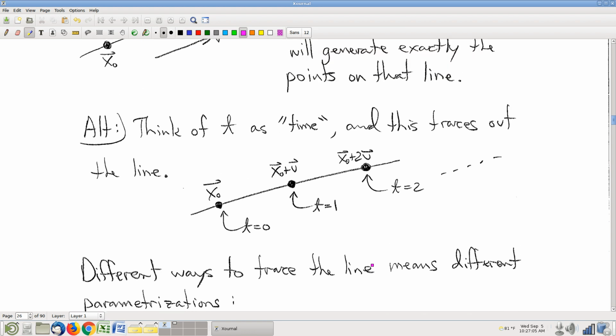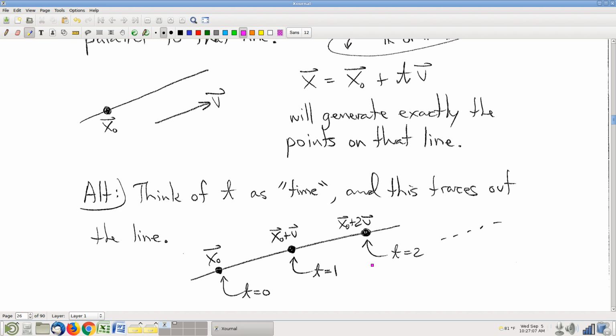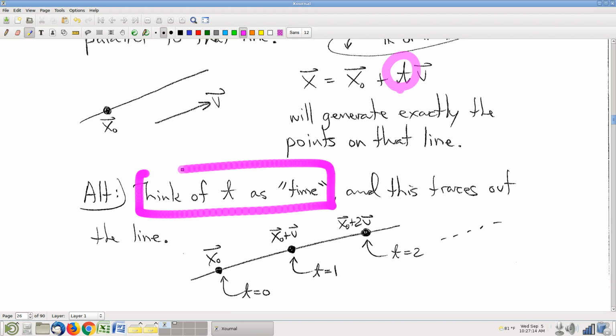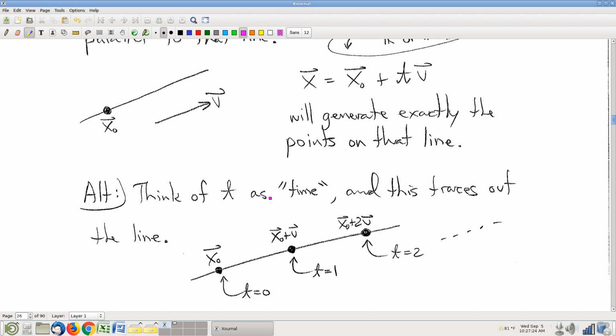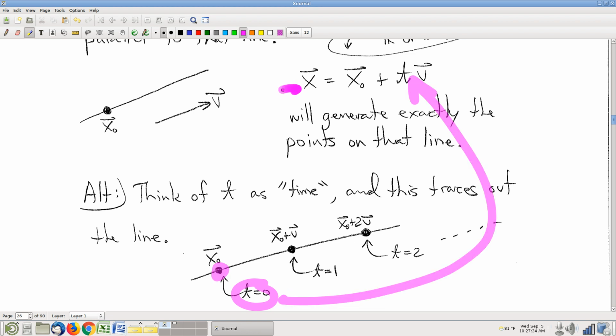Now, how do you visualize this? How do you think about this? A very common choice is to think of this t as being time. In fact, that's why we very often use the letter t as opposed to the letter q or m. It's because we want to think of t as being time. So with t thought of as being time, notice what happens when you plug in. If you plug in t equals 0, the resulting output is x naught.